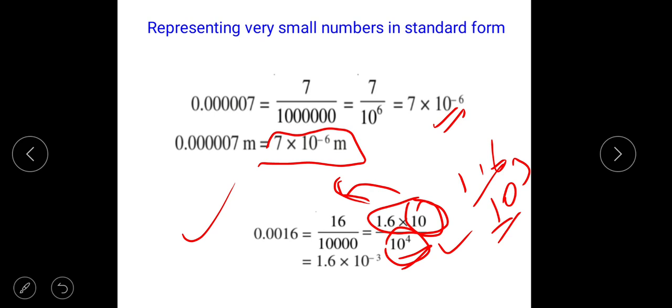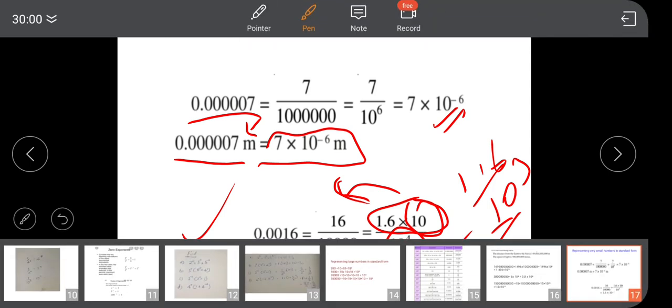Here we have an easy method. Look at this. Here we want to take the point after 7, right? 7 point. So how many numbers are between? 6 numbers, right?